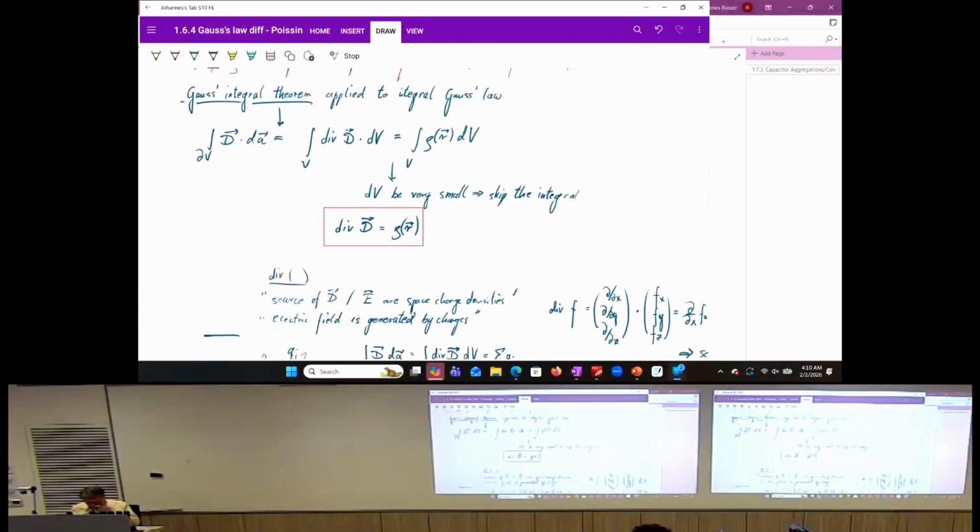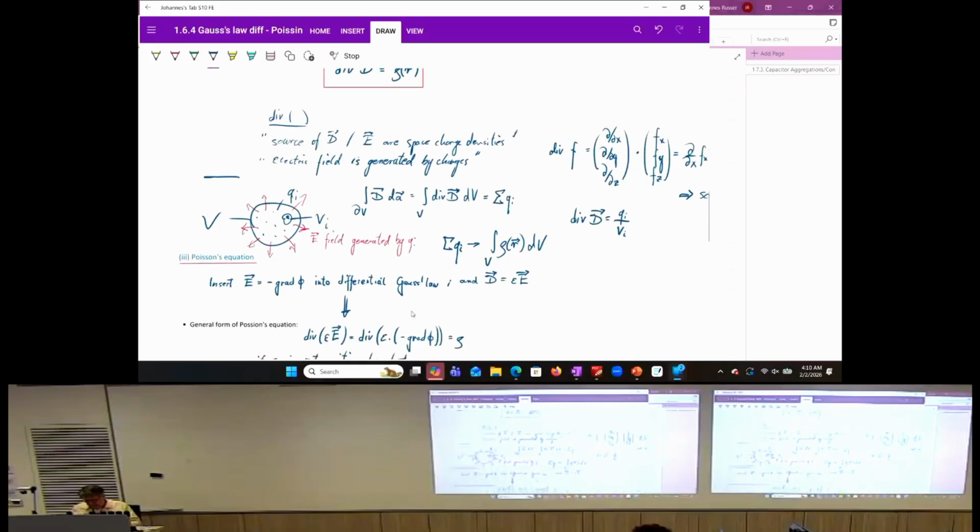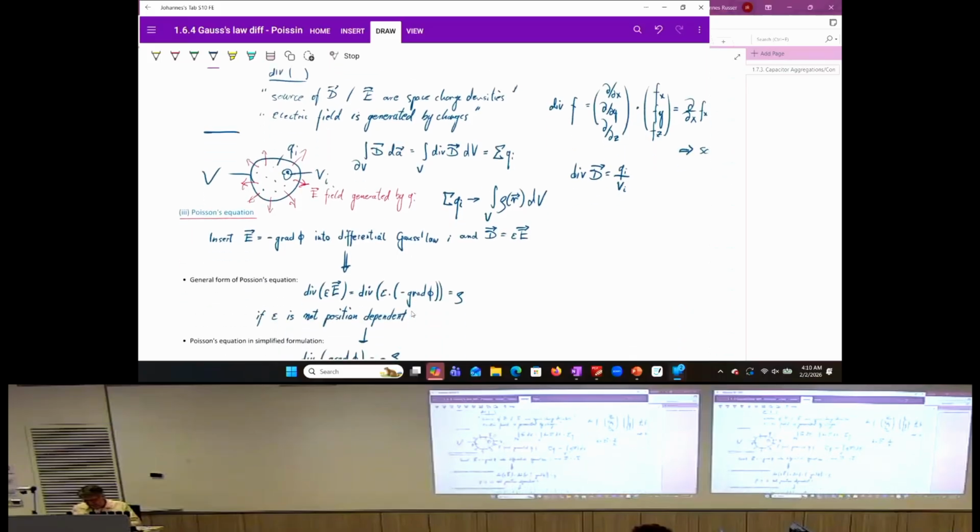And moving on from there, we saw that Gauss's law, relating the flux to the charge, gives us the means to determine the electric and displacement fields from a given charge distribution.